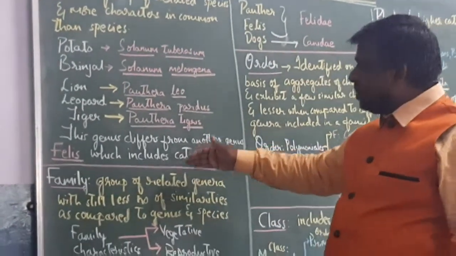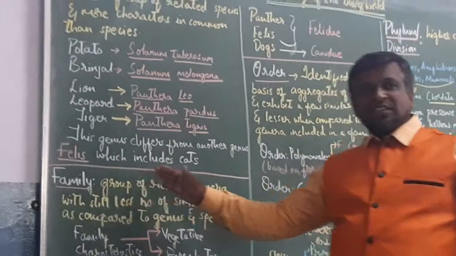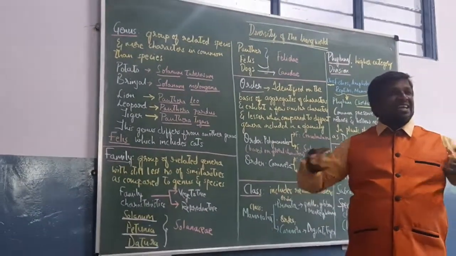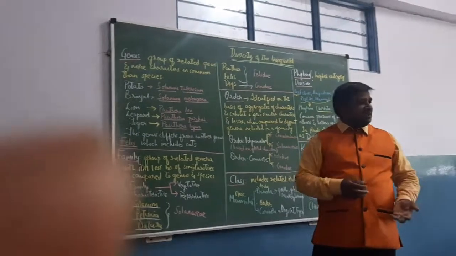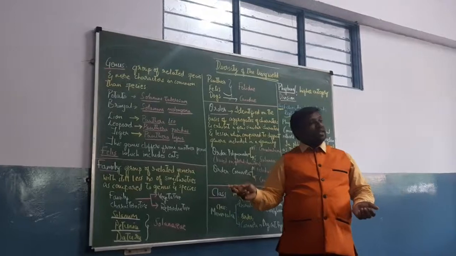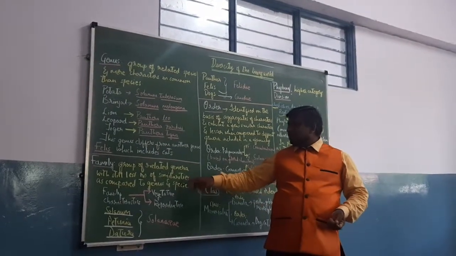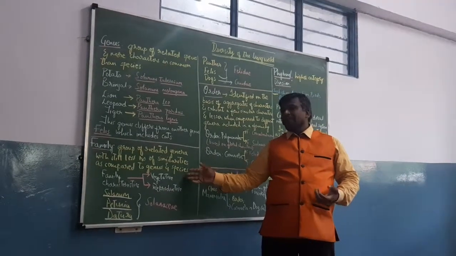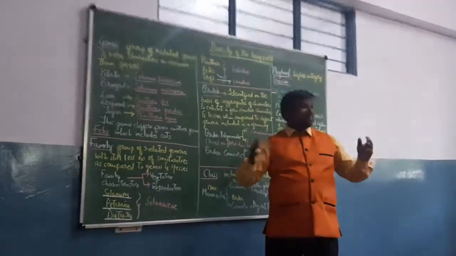So let us get to the next part, that is the family. What is a family? Many genera constitute a family. A group of related genera with fewer similarities than genus and species are placed under a family. Family is a larger group.